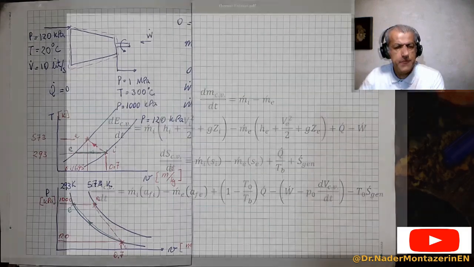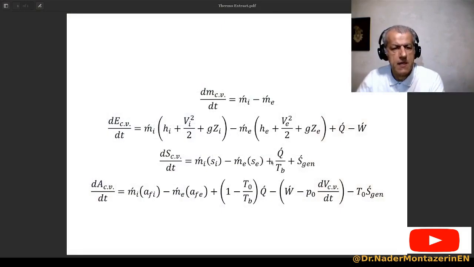Now, if we look at the second law of thermodynamics, this term would vanish since the problem is steady and there is no change of whatever there is inside the control volume.